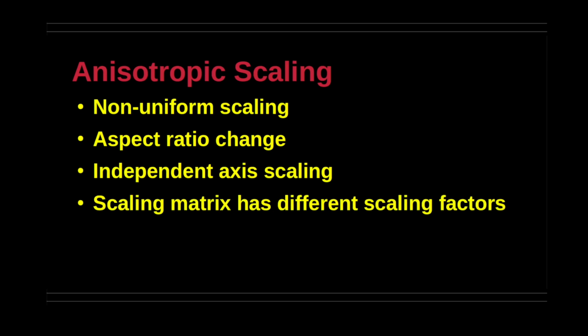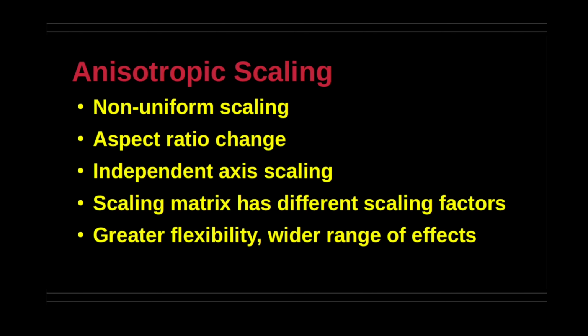Anisotropic scaling is non-uniform scaling. The object's dimensions are changed disproportionately. The aspect ratio changes. The shape of the object is altered due to different scaling factors.